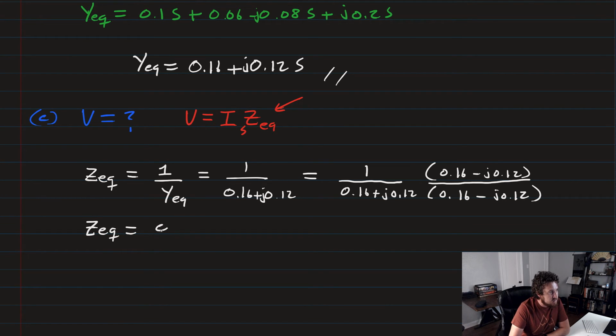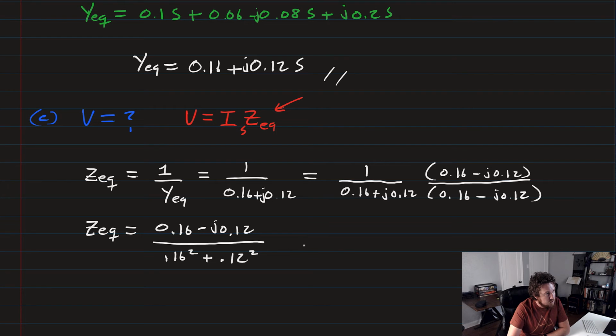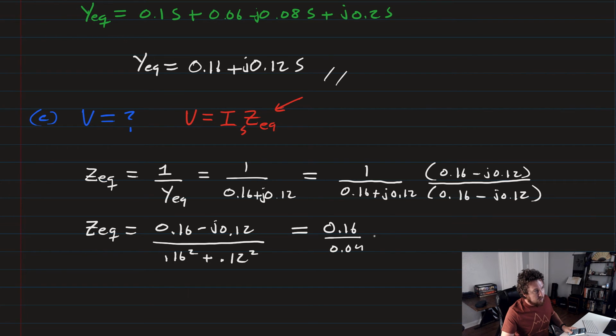Z EQ is equal to, that's just 1 on top, so 0.16 minus j0.12 over 0.16 squared plus 0.12 squared. 0.16 squared plus 0.12 squared is just 0.04. So it'll be 0.16 divided by 0.04 minus j0.12 over 0.04. And now we're back to our ohms.